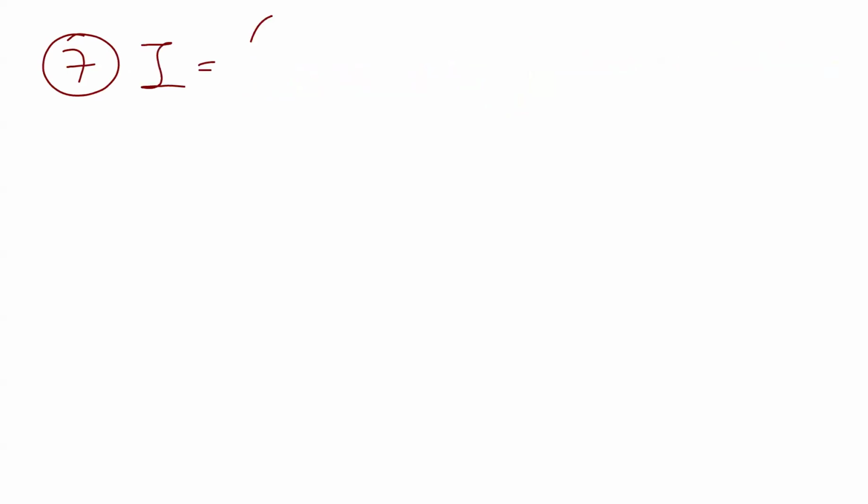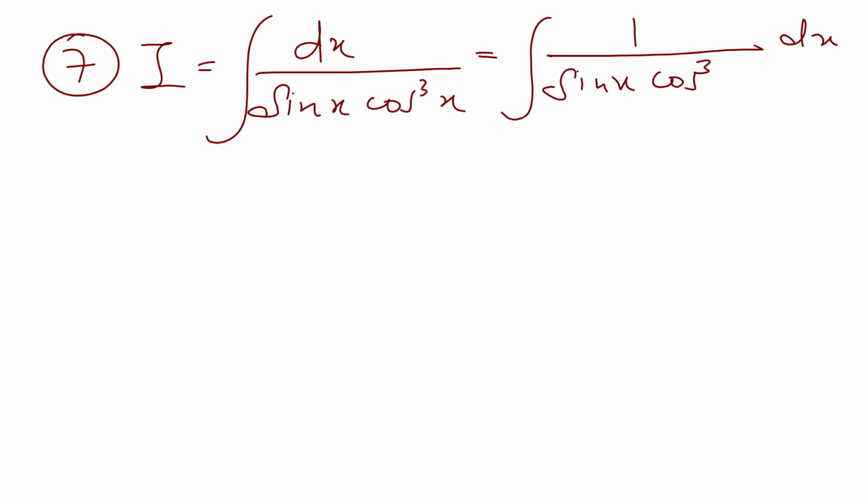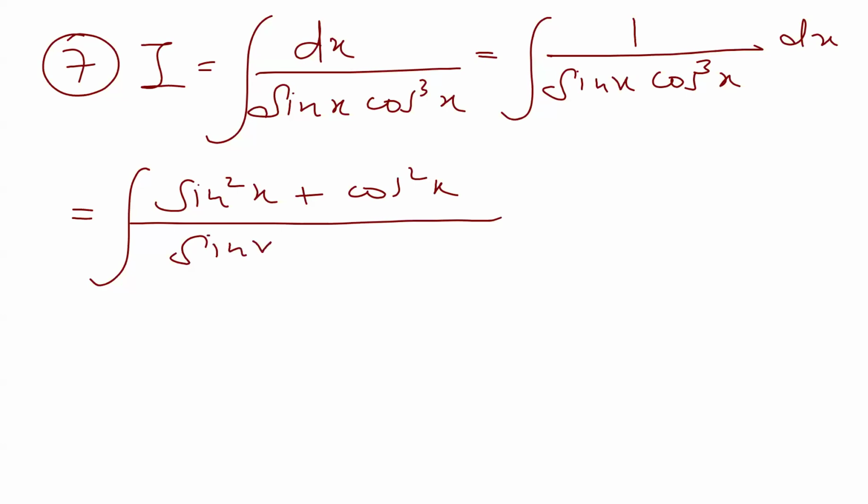Integration of dx upon sin x cos cube x. So I'll just write 1 over here, upon sin x cos cube x. Now this 1 is written as sin square x plus cos square x upon sin x cos cube x dx.